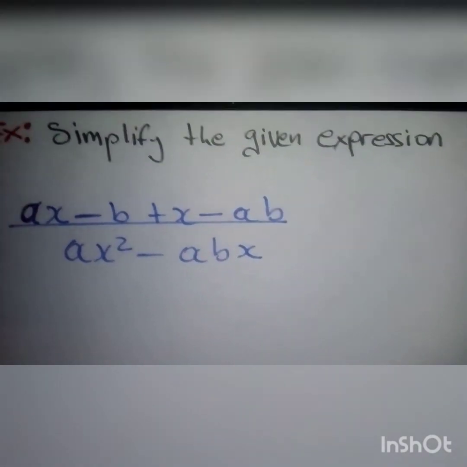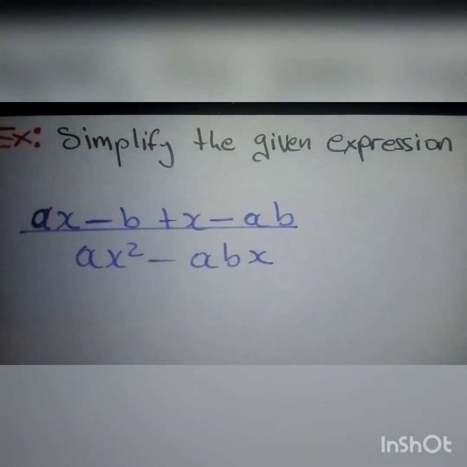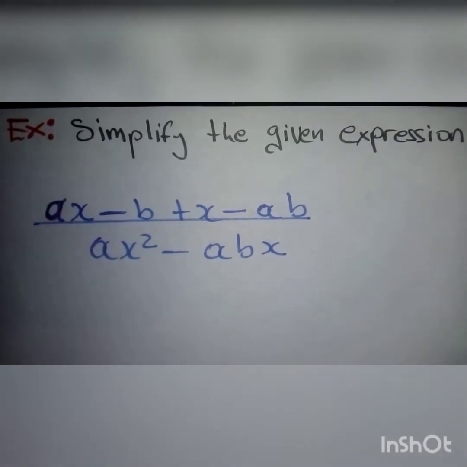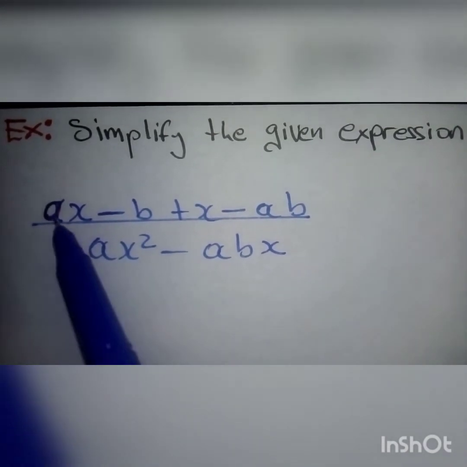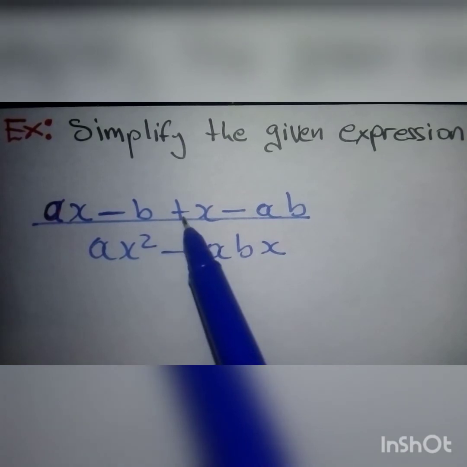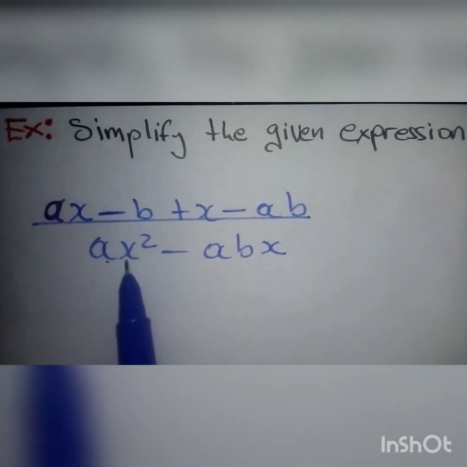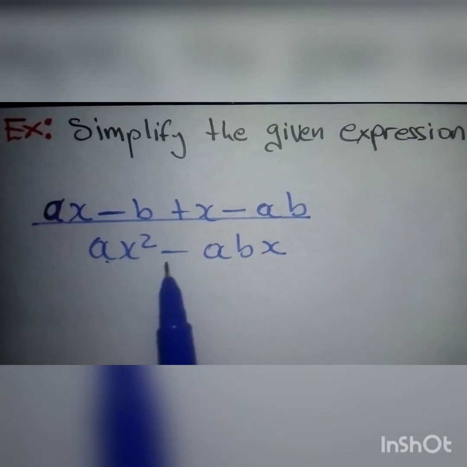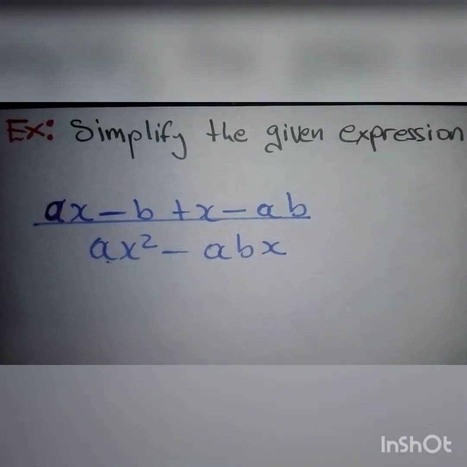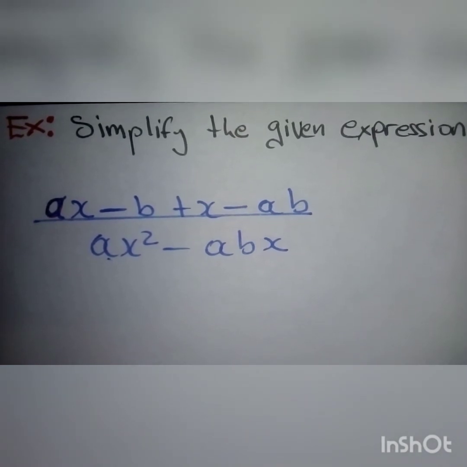So second example, simplify the given expression. ax minus b plus x minus ab divided by ax squared minus abx. So we will use factorization to simplify this expression. Let us analyze it.